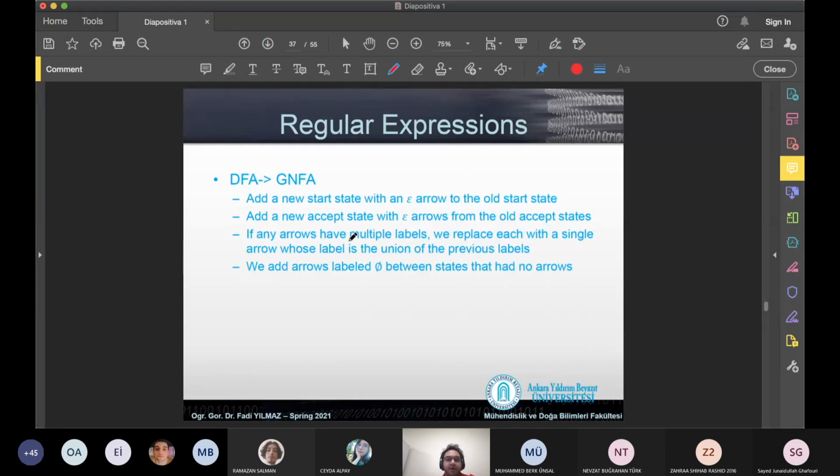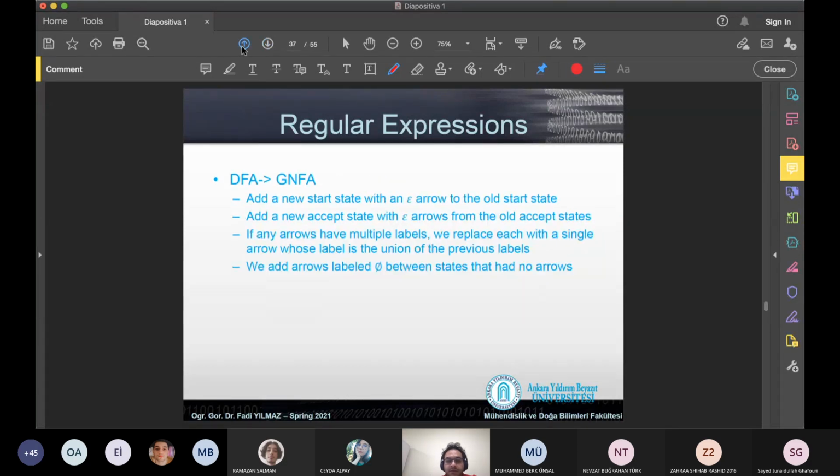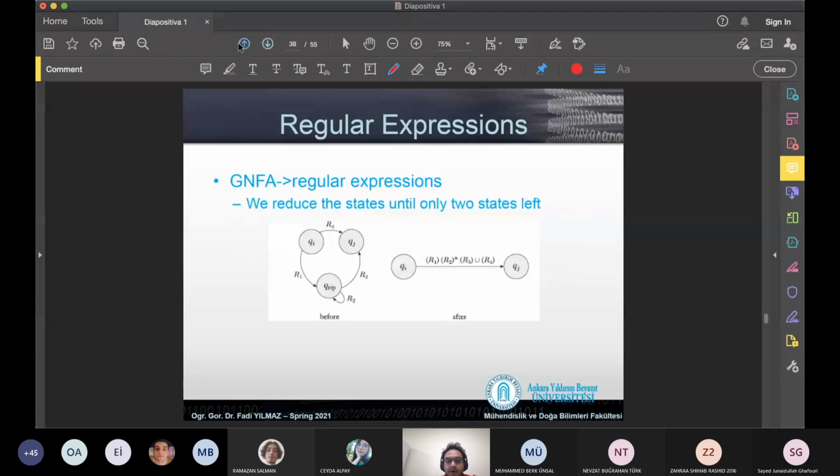So how can we convert a DFA to a GNFA? Okay, guys, if we have a DFA, we just need to follow these four things. Do I have an example? Yes, I have an example. Let's skip this part because we can go back there.